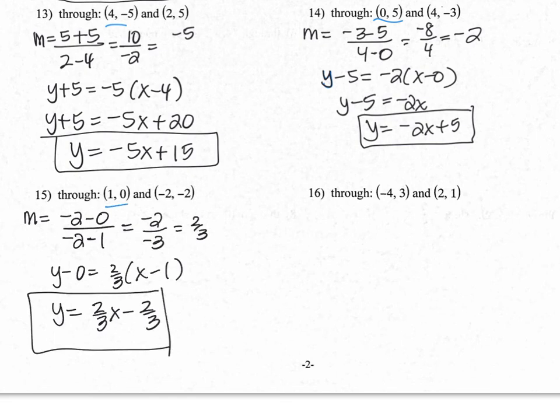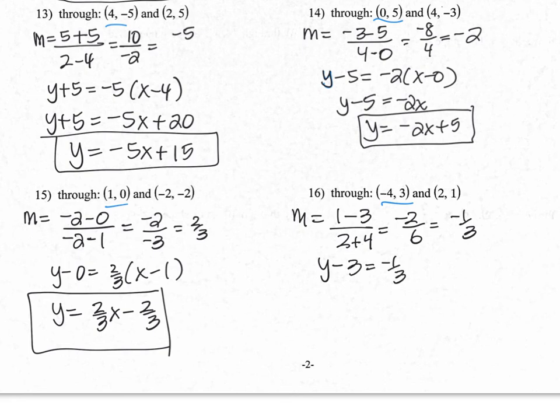And the last one that we're doing together, find our slope. This would be 1 minus 3 over 2 minus negative 4. So it's negative 2 over 6, which simplifies to negative 1/3. Now again, I'm going to use my first point. So y minus 3 is equal to negative 1/3 times x minus a negative 4.